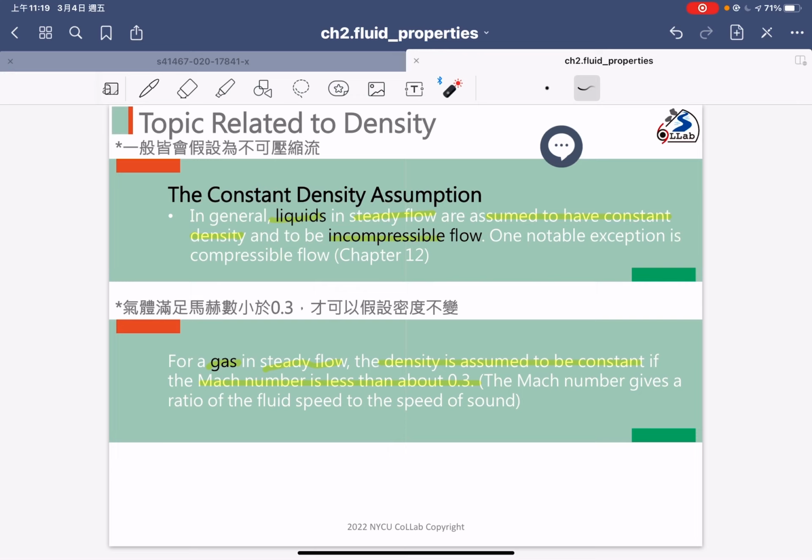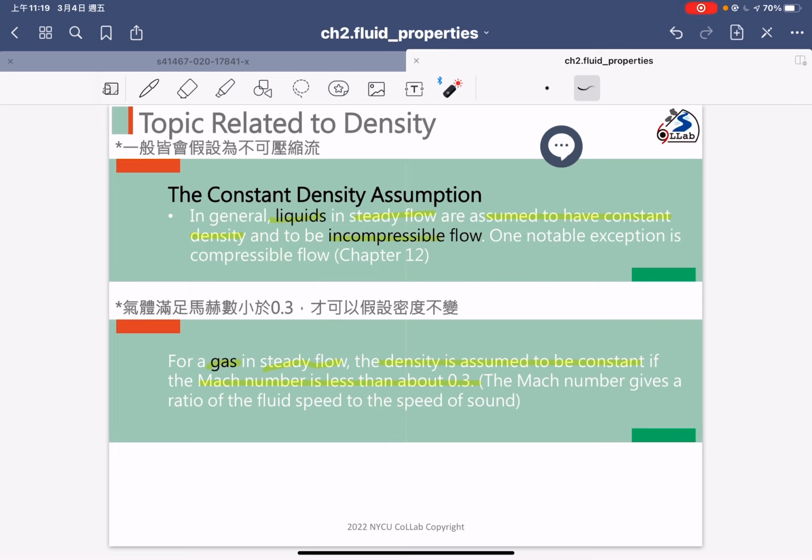Okay, so as I mentioned, the density of the gas can be changed because the gas can be compressed and the volume will be changed and density changed also. But under this condition, the volume of the gas cannot be changed, so it satisfies the incompressible flow.